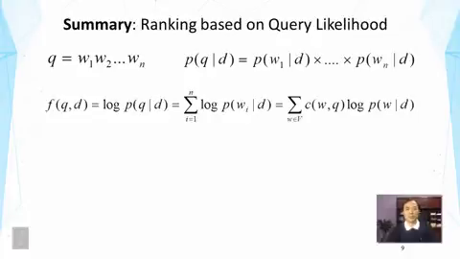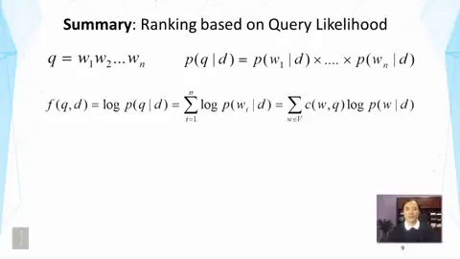By transforming the value with the logarithm function, we maintain the order of these documents, yet we can avoid the underflow problem. So if we take the logarithm transformation, of course, the product would become a sum, as shown on the second line here. So it's a sum over all the query words.